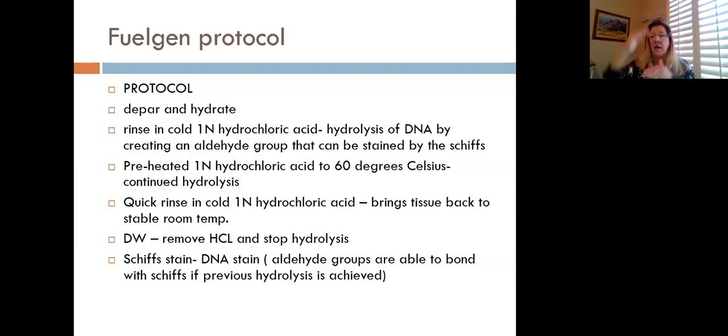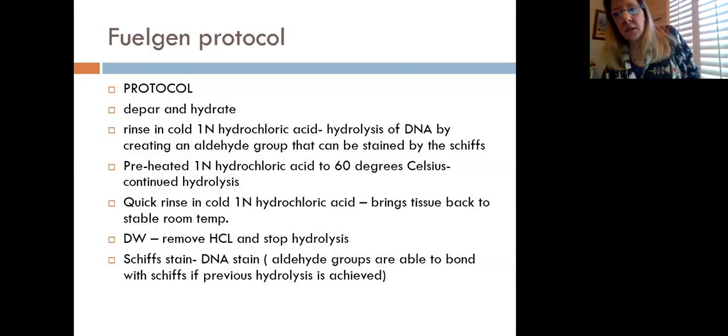If you leave that whole bottle of Schiff's out on the counter, it's going to react with the sunlight and the air. And then that whole bottle, because it's already reacted, is no longer usable. Okay, so you take what you want out of it and you put it back in the fridge.